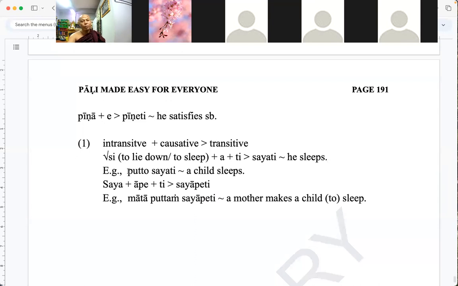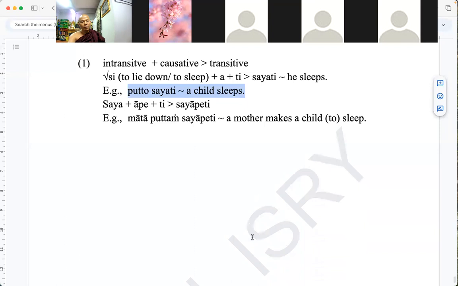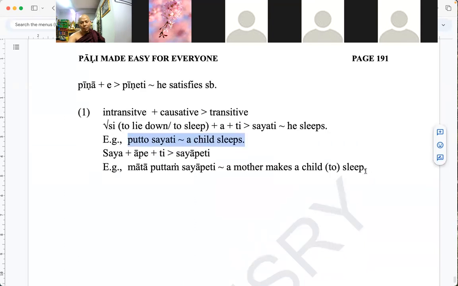So here the example is Buddha sayati in this way, or a child lying down. Okay, but now one more piece of information, you see: by adding the causative, an intransitive becomes transitive.